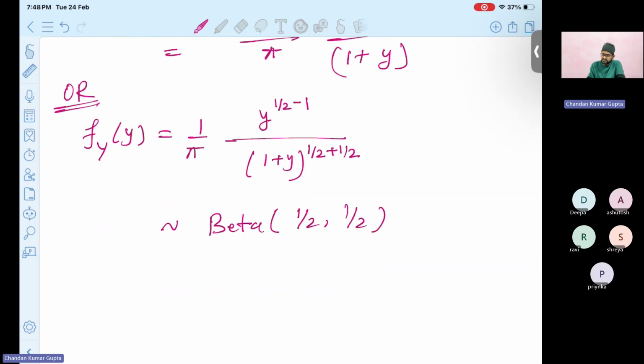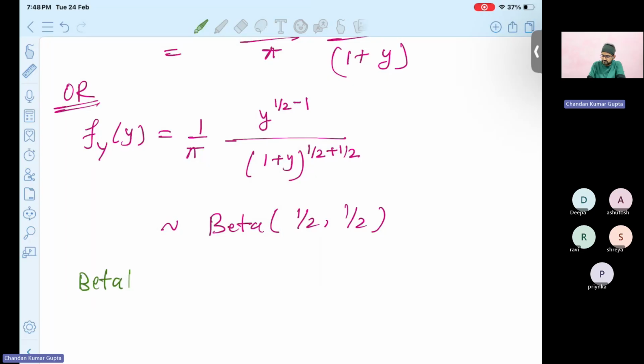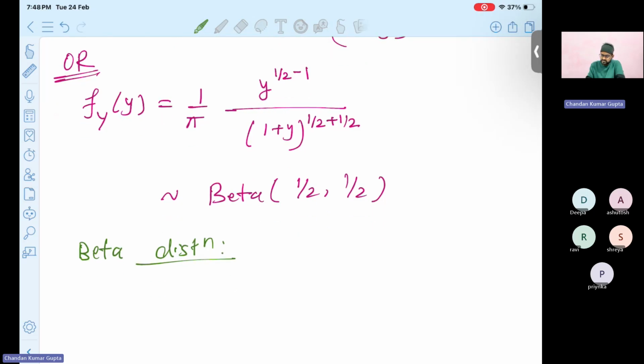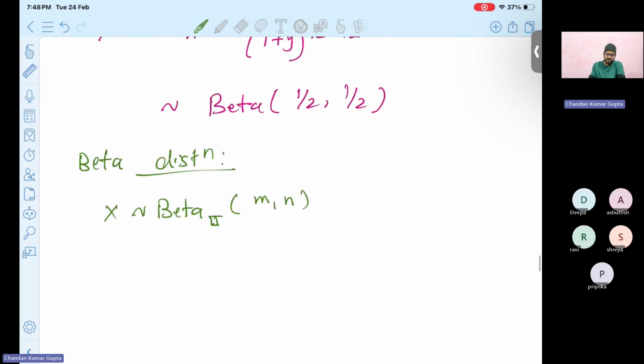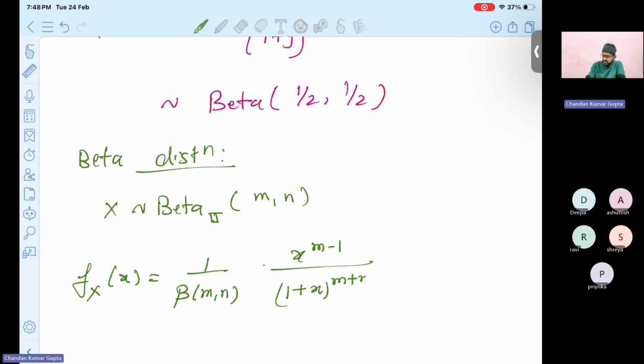Let me write the PDF of the beta distribution of the second kind. Suppose X follows beta second kind with parameters m, n, then its PDF will be 1 upon beta m, n, and x to the power m minus 1, over 1 plus x to the power m plus n.